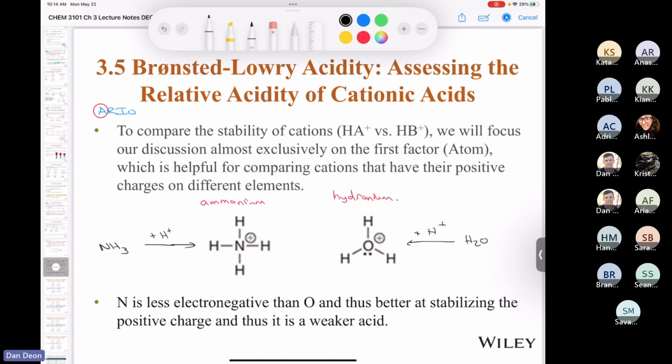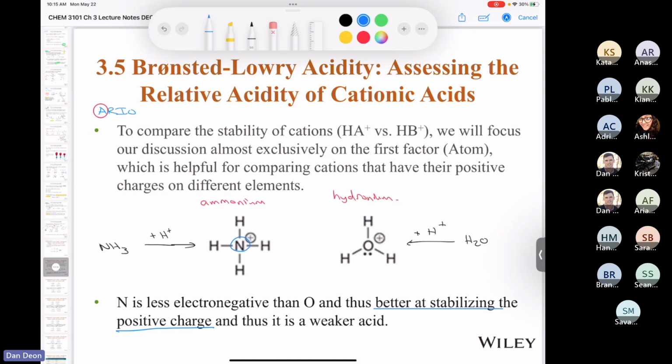Well, if we use the concept of electronegativity, which one of these is going to be better at stabilizing a negative charge? We said that oxygen was better at stabilizing a negative charge because it is more electronegative. However, here, the one that's going to be better at stabilizing the positive charge is going to be the nitrogen.